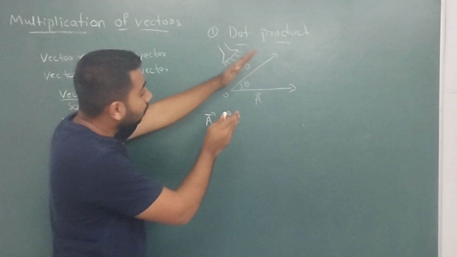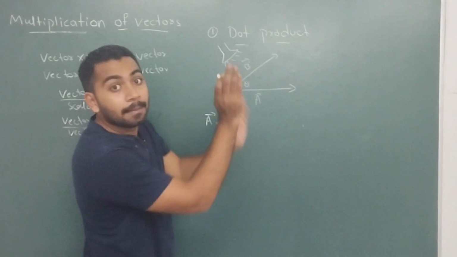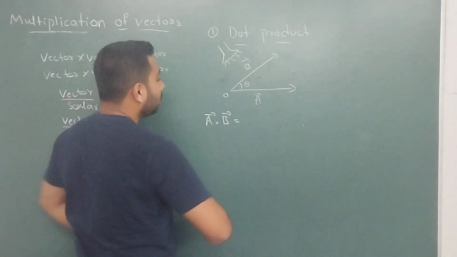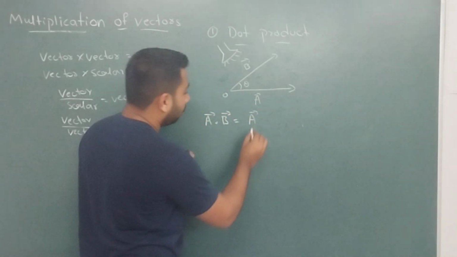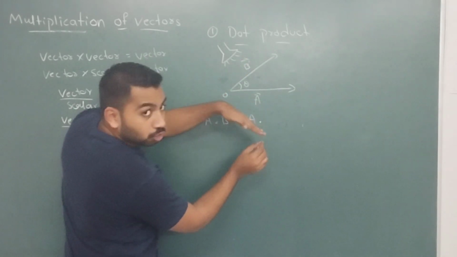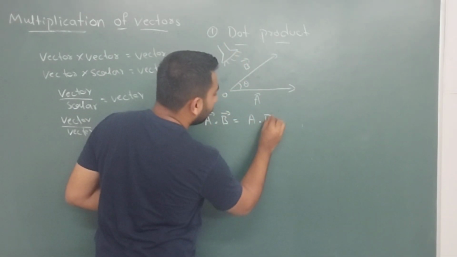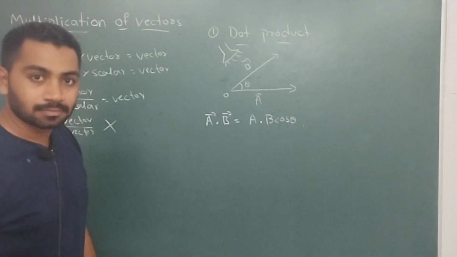Component of B, which will be B cos theta, right? So magnitude of A times the projection, B cos theta.